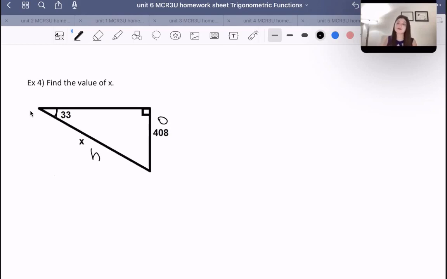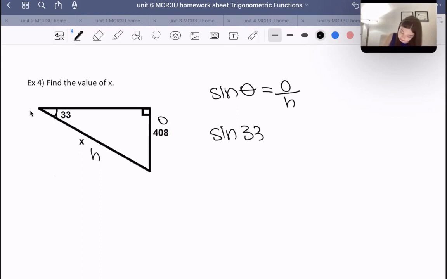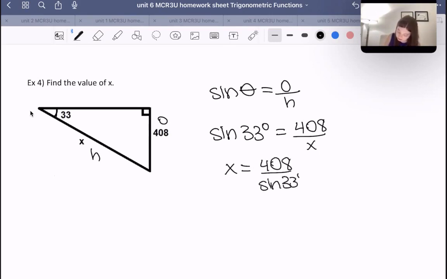So that would be the sine ratio, right? Sine of angle theta is equal to opposite over hypotenuse. So now I'm going to plug in my values. Sine of 33 degrees is equal to opposite, which is 408, over hypotenuse, which is x in this case. Then I'm going to swap the x and the sine 33 and get that x is equal to 408 over sine 33 degrees.